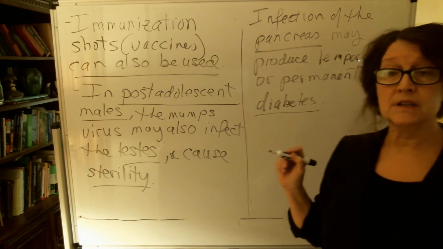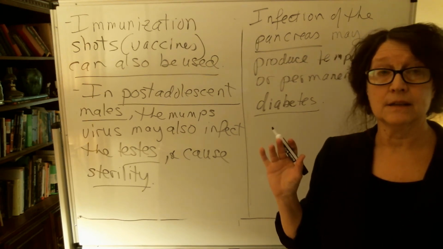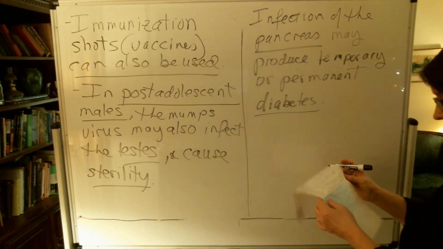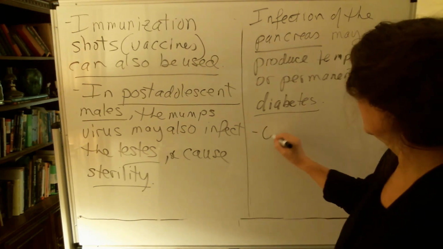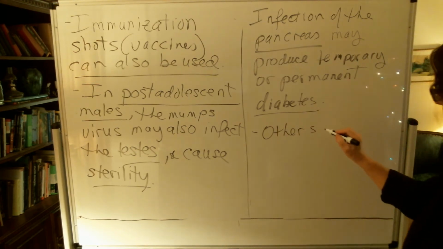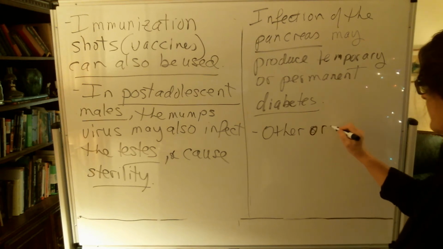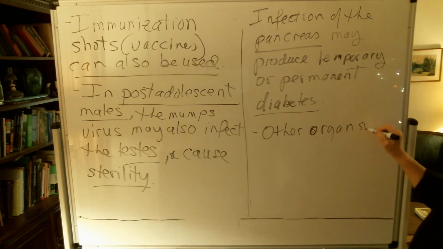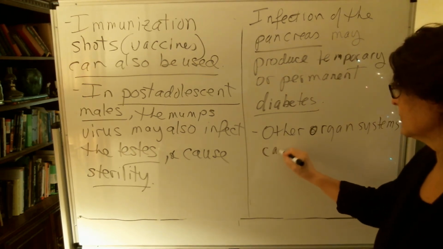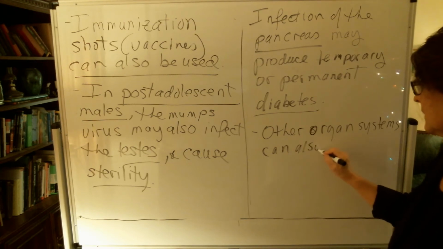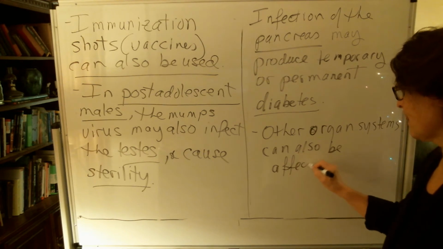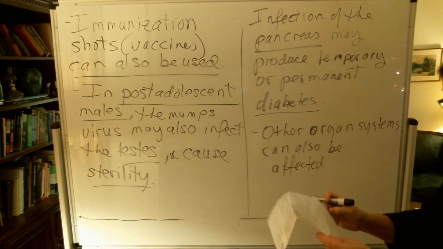If your pancreas winds up being wiped out, then you are lacking the cells that help you not have diabetes. And other organ systems can also be affected.